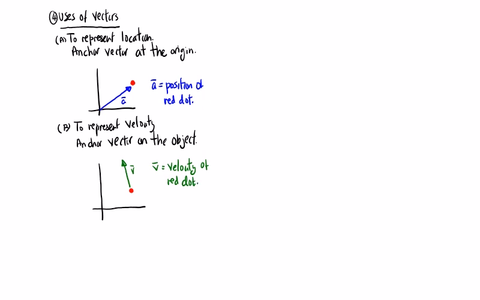We'll also do this for acceleration, but you can see in this case it makes sense to attach it to the object. And then the last place that we'll use this is to represent force. In this case, we would anchor the vector on the object.